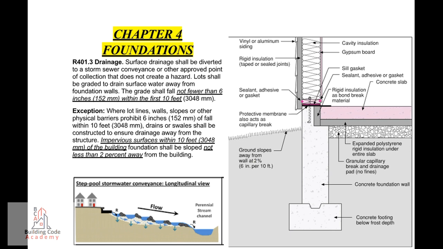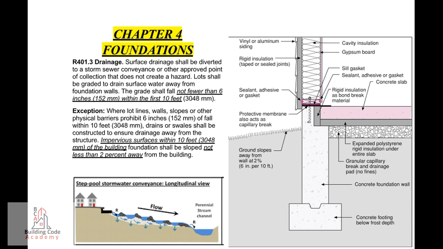R401.3 Drainage. Surface drainage shall be diverted to a storm sewer conveyance or other approved point of collection that does not create a hazard. Lots shall be graded to drain surface water away from foundation walls. The grade shall fall not fewer than 6 inches (152 millimeters) within the first 10 feet (3,048 millimeters).